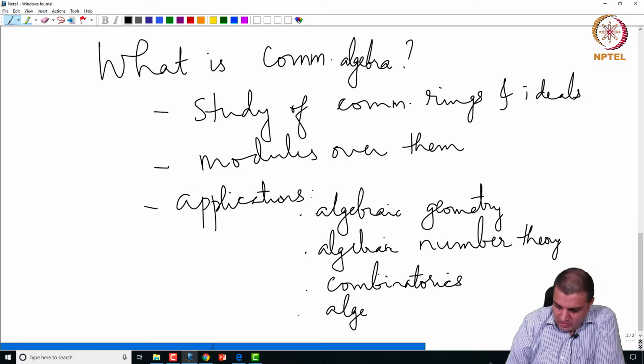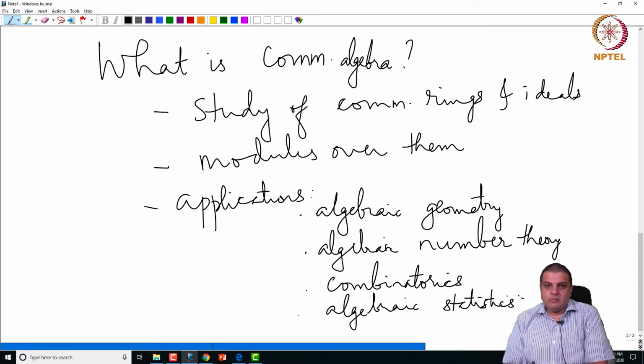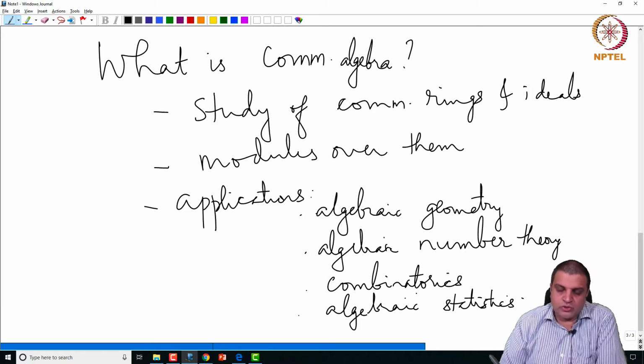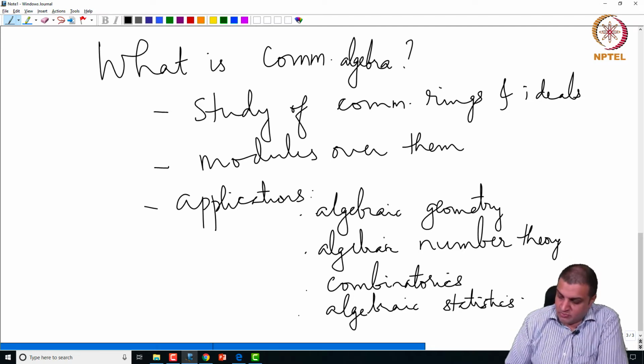Applications to these two topics are relatively more modern. And applications to the last two topics typically are related to the computational aspects of commutative algebra.